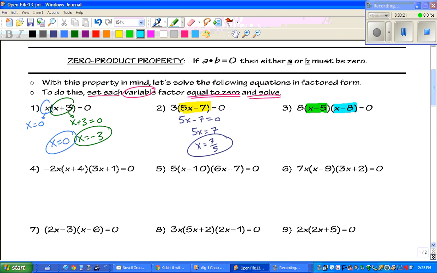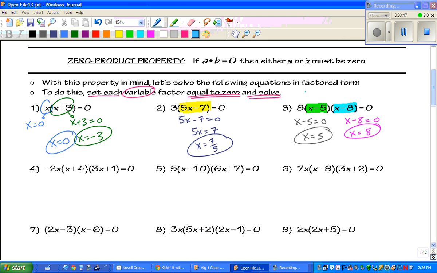We have two factors, so I'm going to set each one of those equal to 0. Alright, and when we do that, we get x equals 5, and then when we add 8 to both sides, we get x equals 8.